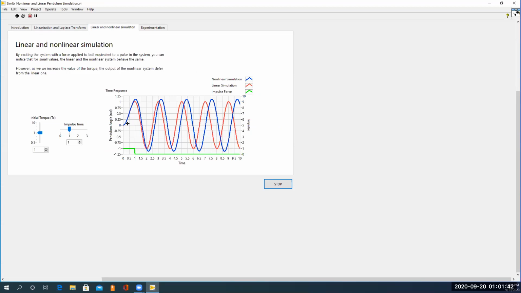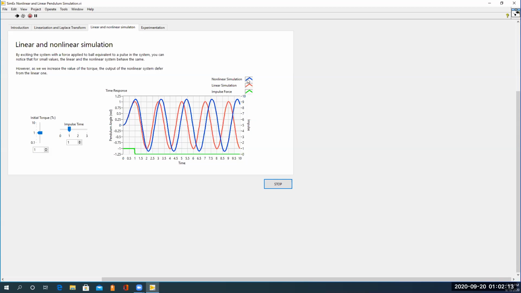You see here the impulse force, actually it is torque. This green curve is an impulse. Look at the axis on the right, it is 1 for 1 second. Then it became 0 afterwards.